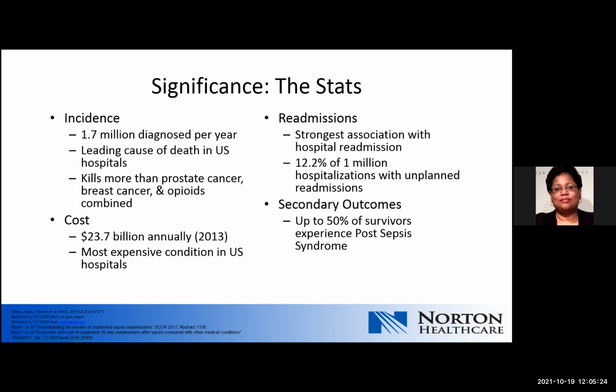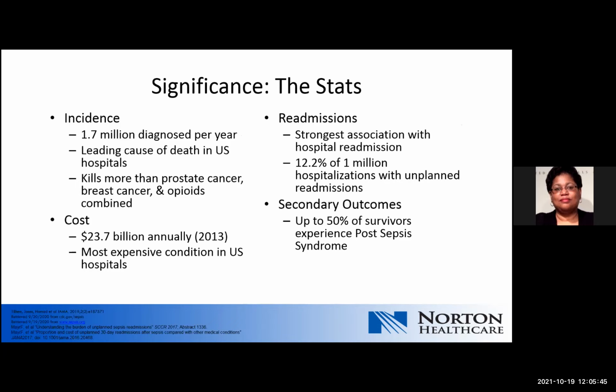So starting with the significance of sepsis, when I think of why this is important, these are sort of the hot spots of interest that come to my mind. So you can see on this slide that a lot of people become septic. It kills, it's the leading cause of death in the United States in our hospitals. It's the most expensive condition in US hospitals.